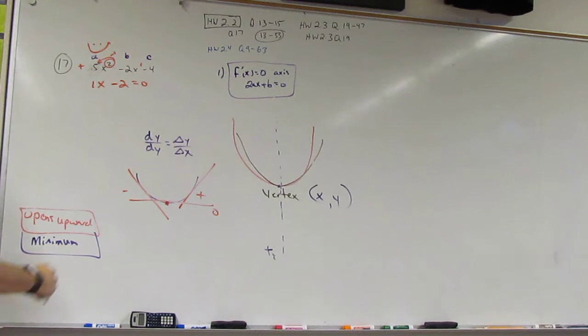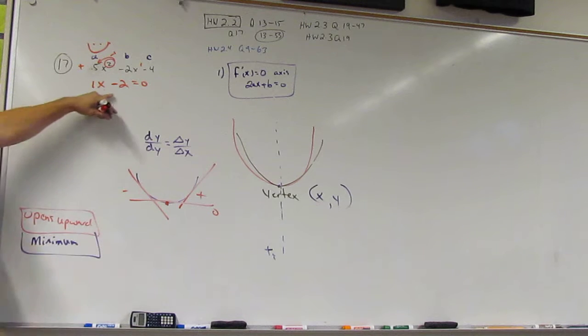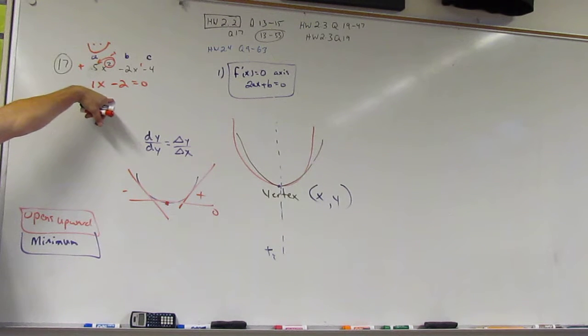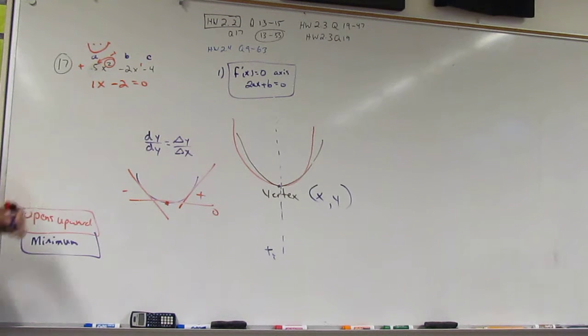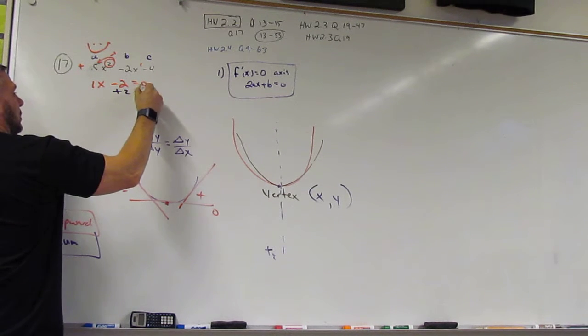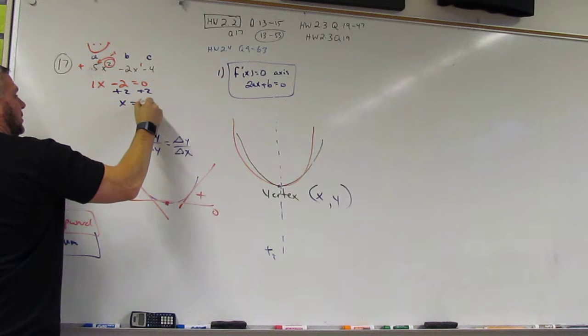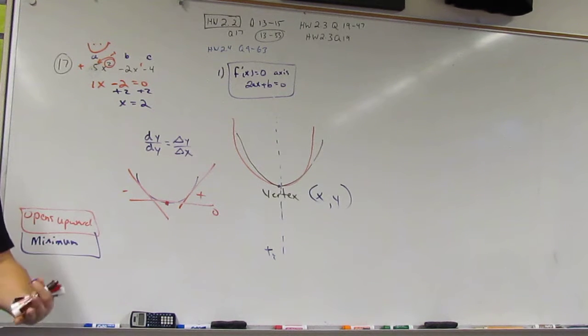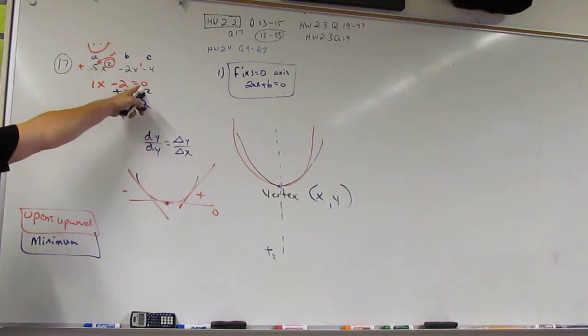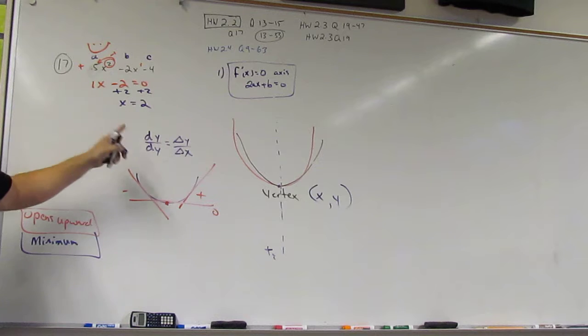But we're going to get through it. Okay? Alright, so we're going to solve this. We can solve this. We've done this plenty. What do I do to solve this? Add 2. So I get x is equal to 2, right? That's it. That's your axis of symmetry. That's what x is when the slope is 0. x is 2.